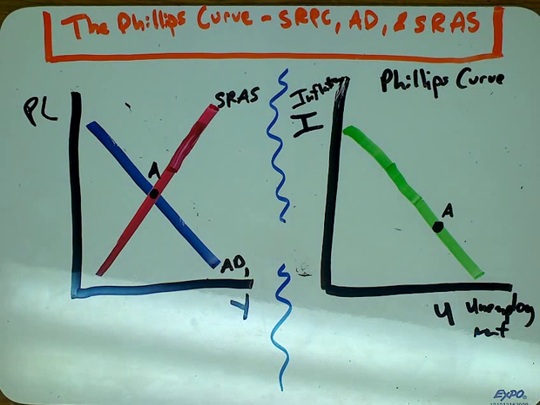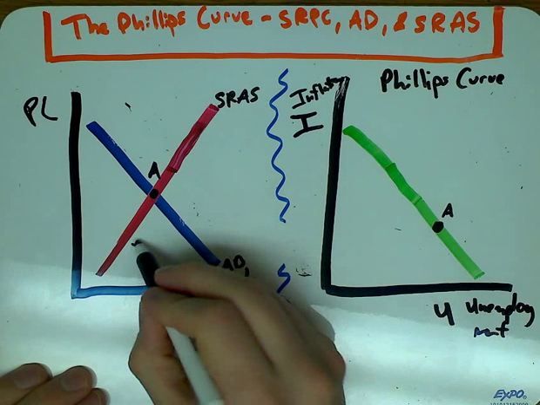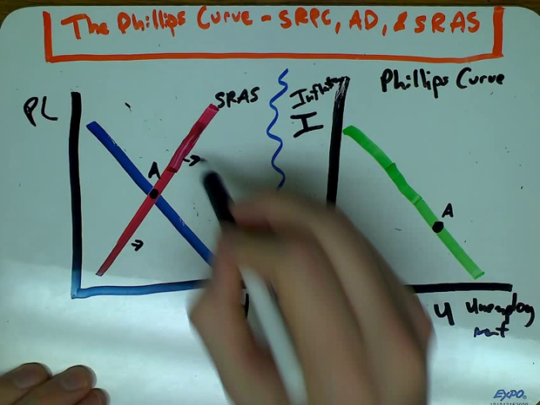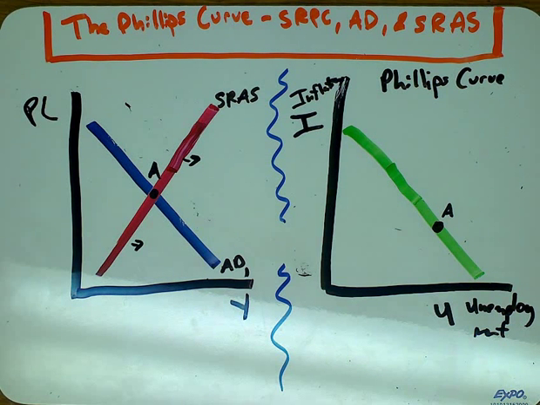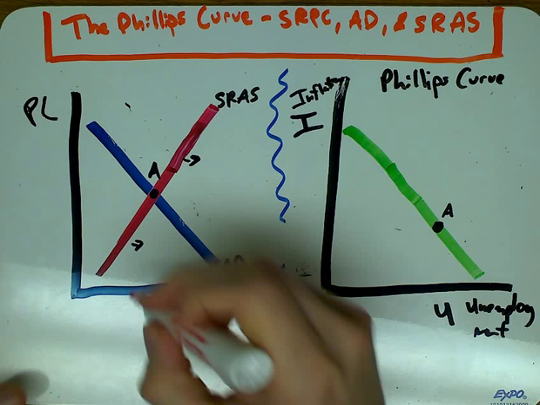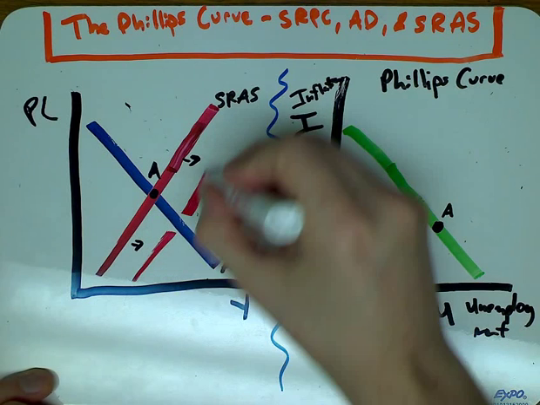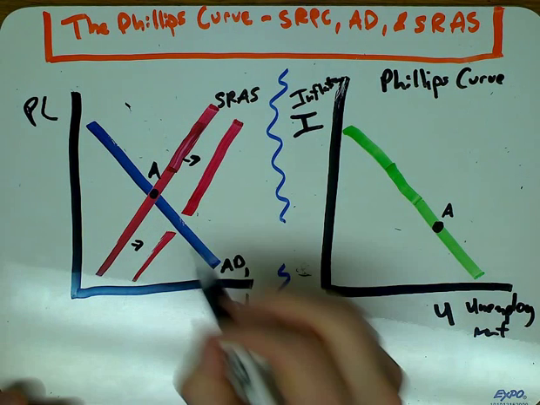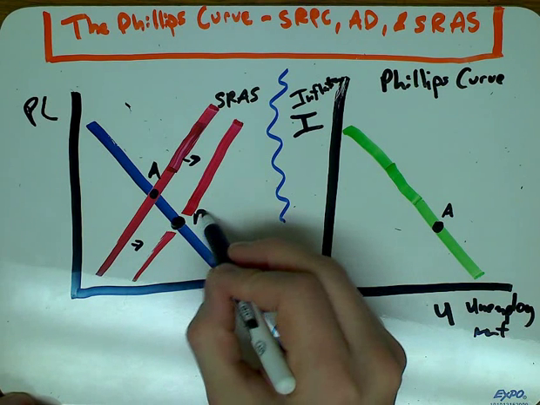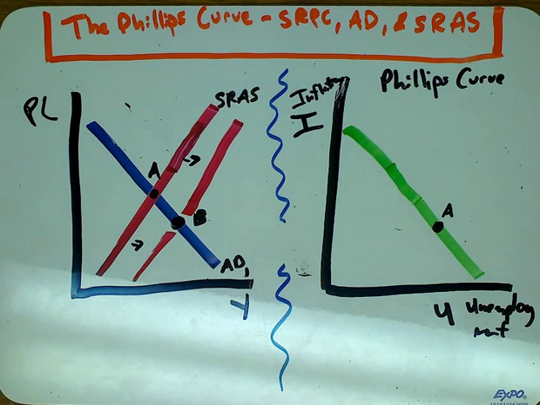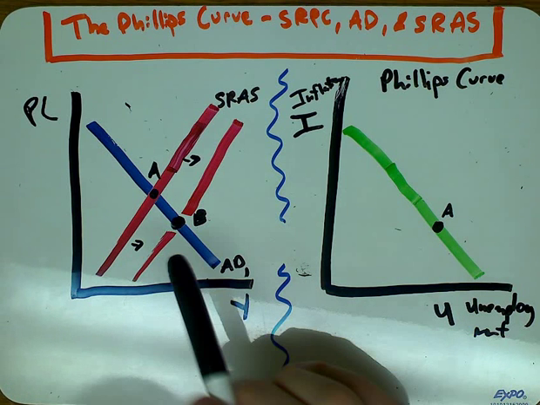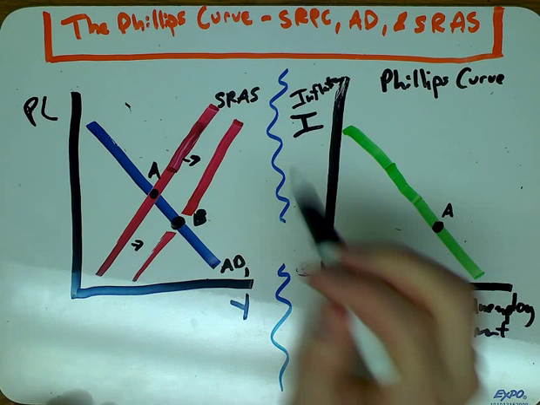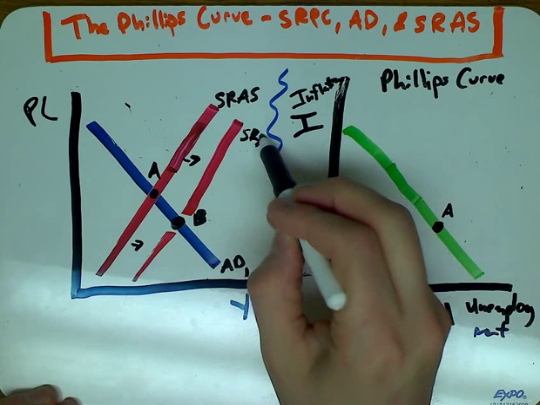Let's assume that short-run aggregate supply increases due to a decrease in business taxes that allows for increased production. If we see that, then we should move the supply curve, and we actually go from point A to point B. We're going to name this one point B as well. So let's think about what we just saw on this curve when short-run aggregate supply shifts from curve 1 to curve 2.